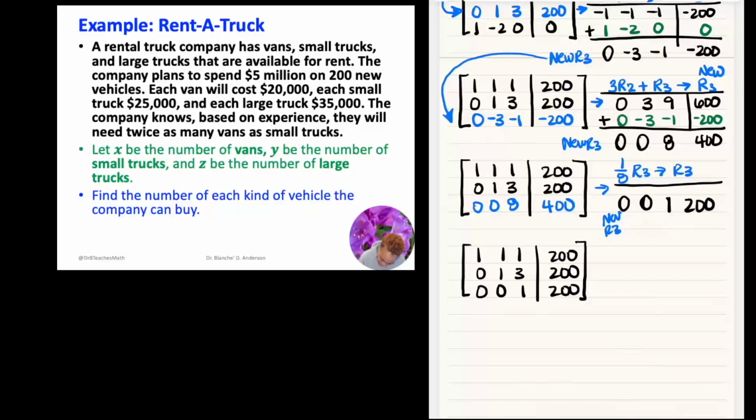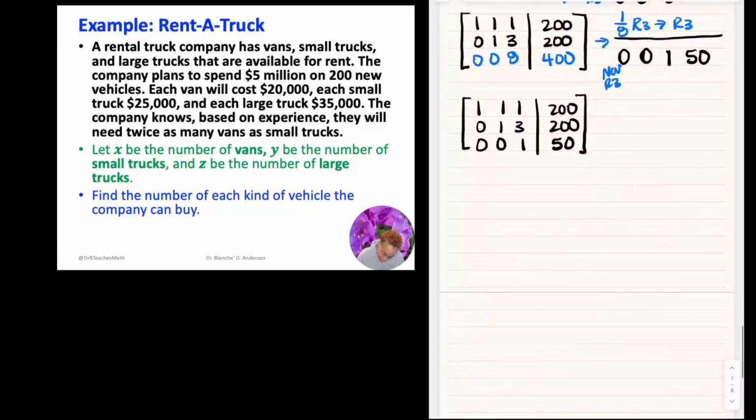Y'all see what I did? 400 divided by 8. Y'all probably like, what? That's going to be 50, because 8 times 5 is 40. Good catch, y'all. 800 divided by 400 is 200, y'all. But 400 divided by 8 is 50. Okay. All right. So now we're good.